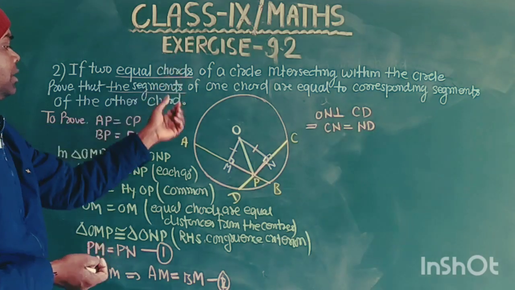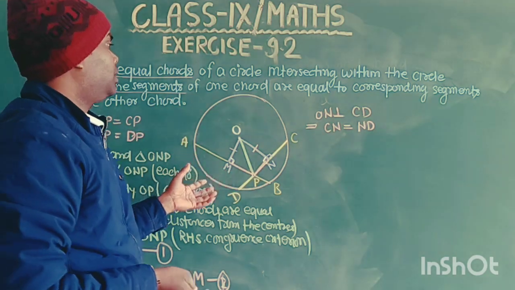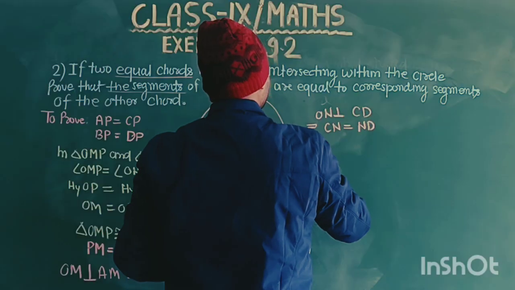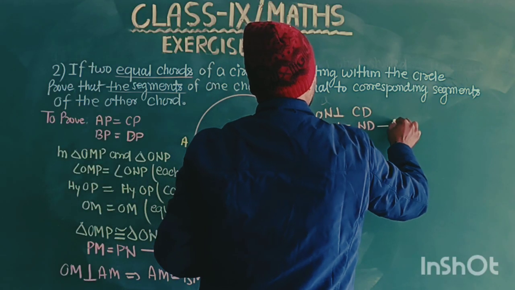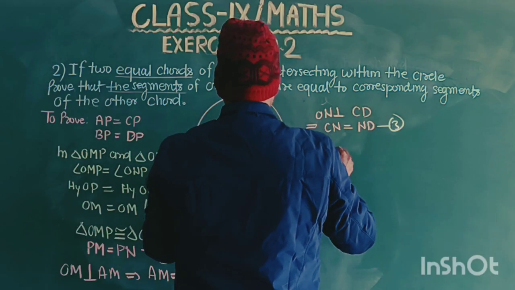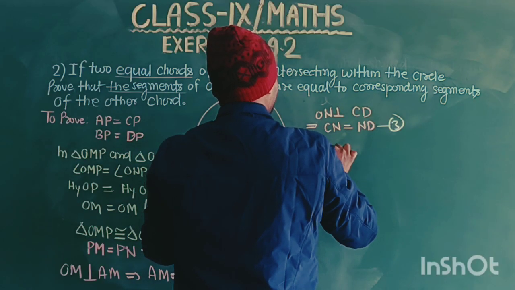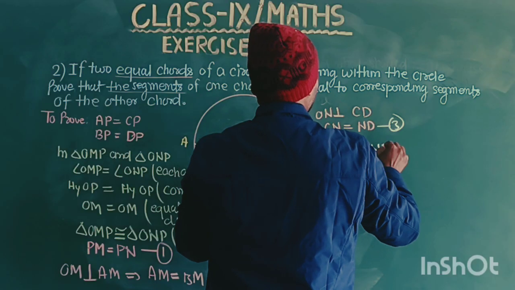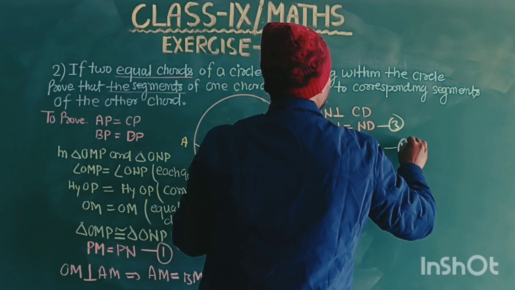And here, given these two chords are equal to each other, so we can also write this as equation number 3. From 2 and 3, AM equal to CN. This is equation number 4.